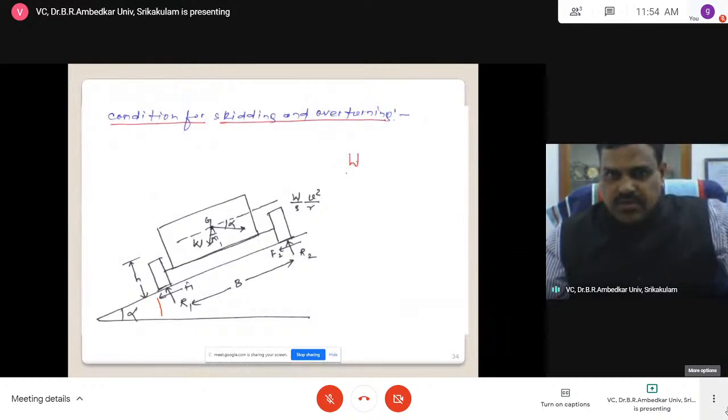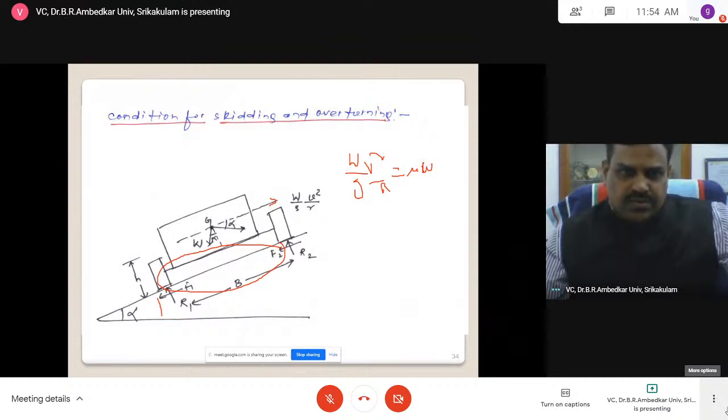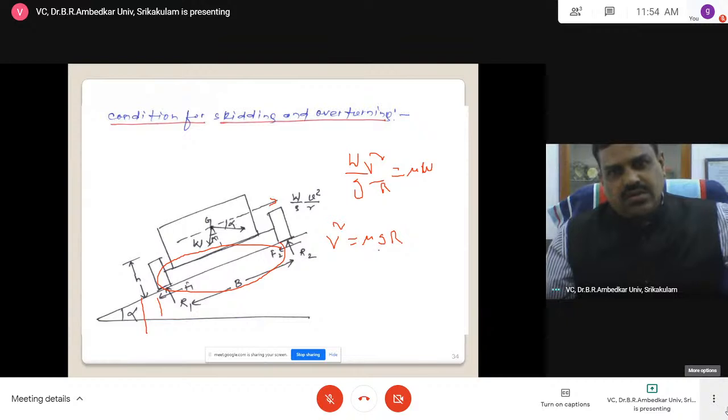That means W by G V square by R along this axis, then the net force is equal to mu times W, mu times N. With that, if you resolve along the plane and consider this and resolve the components, V square is equal to mu G R, or V is equal to the square root.